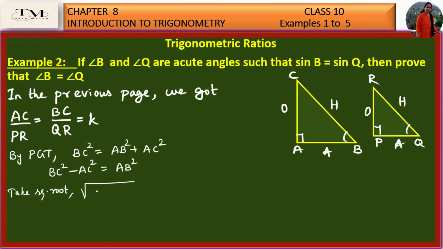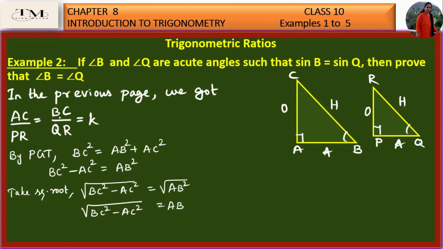So write as such: BC square minus AC square. Here only one term is there, so this power 2 gets cancelled. The square root of AB square is equal to AB. So AB is equal to square root of BC square minus AC square.